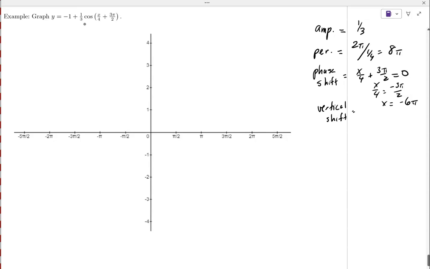And in this case, since it's negative, that tells you what? Goes left, right? Goes to the left 6 pi. And then finally, vertical shift. Down 1. Good. So far, so good? Again, like I said, this will be parts 1 through 4 of a problem on the test.